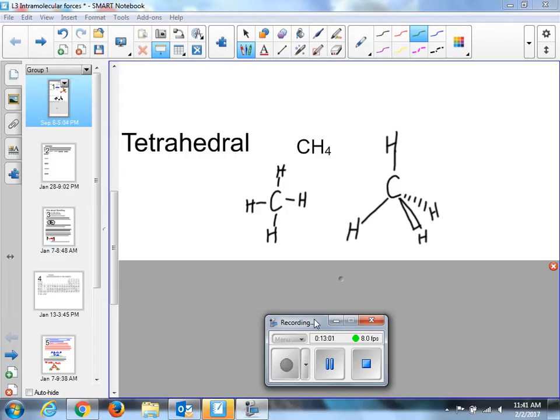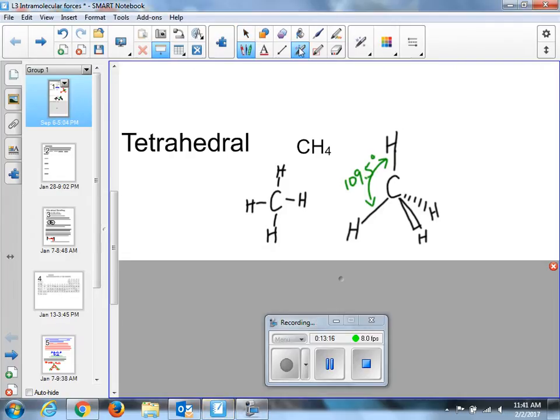So, the angle between every hydrogen, 109.5 degrees, okay? And that would be the same angle if you measured here to here, or even here to here, but it's 3D, so it doesn't look like it. 109.5. That's as far apart as those 4 items can be. It's kind of fun, isn't it? You getting this down too?